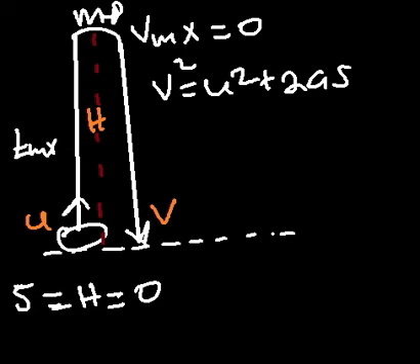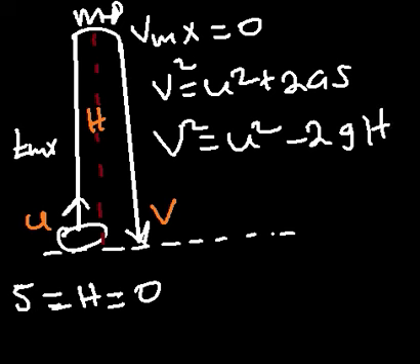Now for free fall motion, we have the final velocity v squared equal to the initial velocity u squared minus 2gh. Although the object is going up and down, the acceleration due to gravity will be negative.